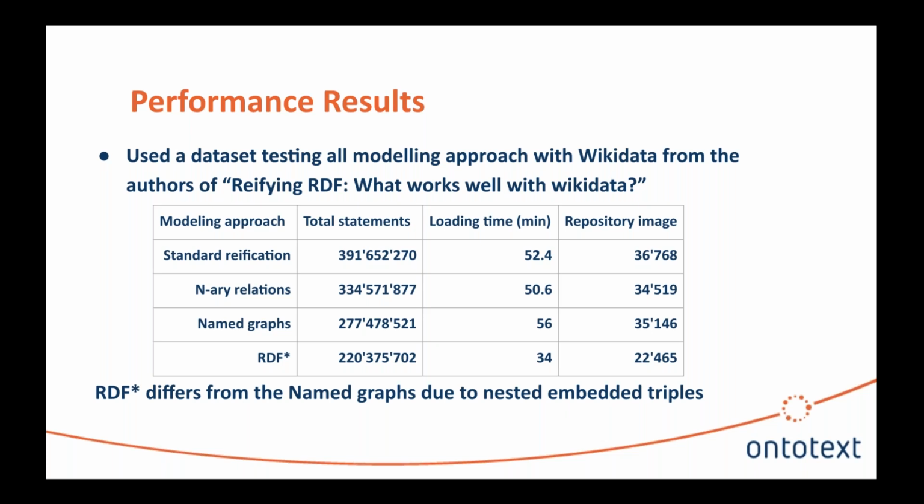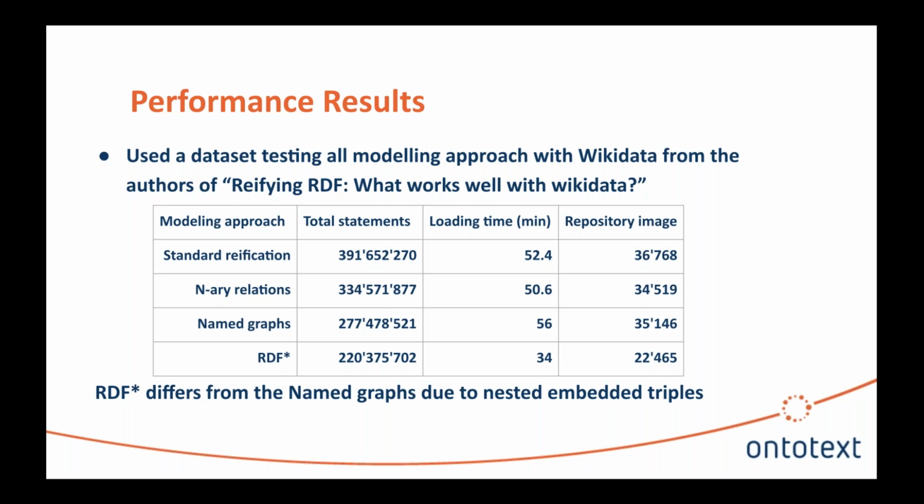As I said, this is a highly verbose mechanism, and because there are 400 million statements, the loading time is obviously the slowest, because it takes 52 minutes just to index these statements, and the repository image, in gigabytes, took 36 gigabytes.